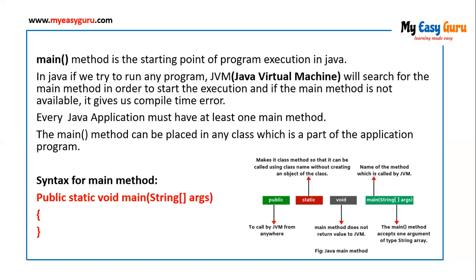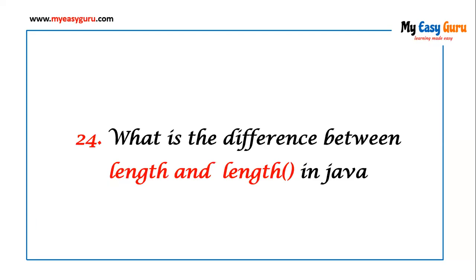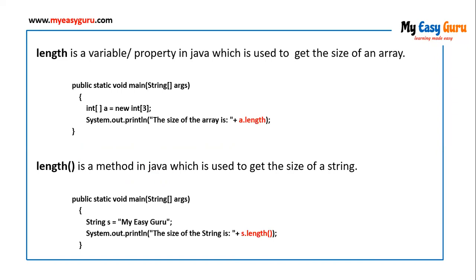Let's move forward to the next question. What is the difference between length method and the length property? So let's understand. Length is a variable or property in Java which is used to get the size of an array.